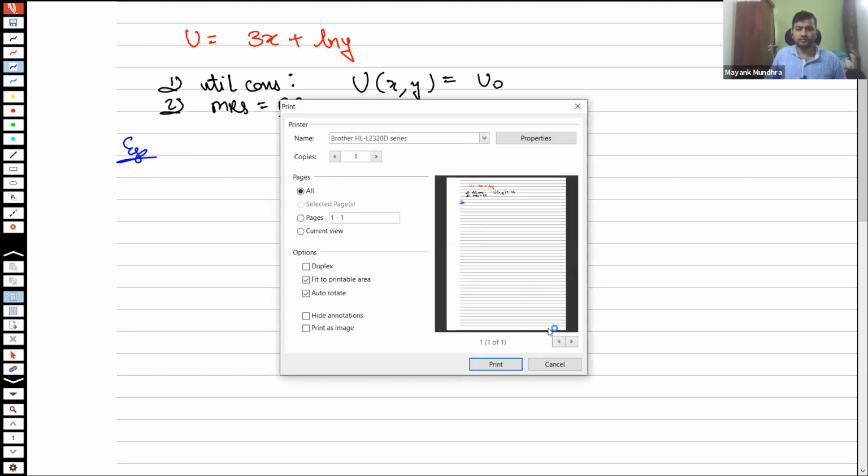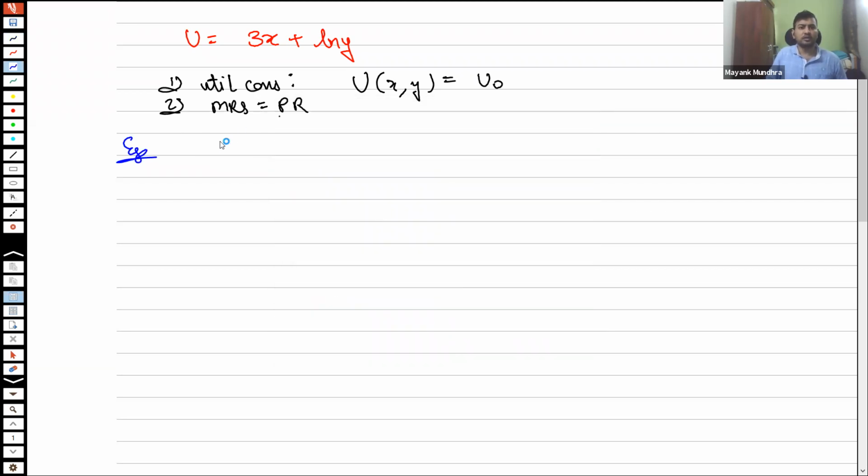So in the solution, we first look at MRS equals price ratio. So MRS is del u by del x upon del u by del y. So del u by del x is 3, del u by del y is 1 by y.